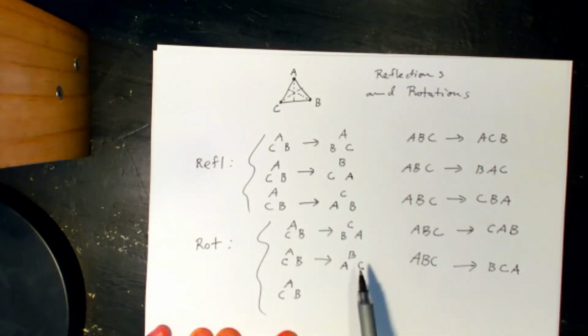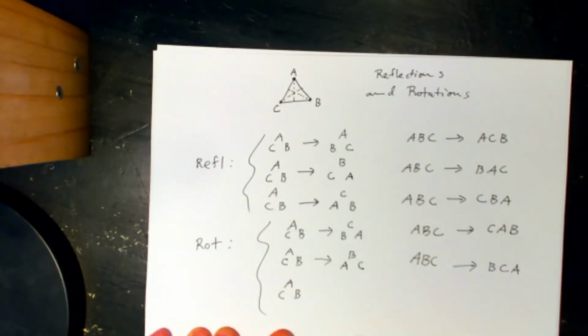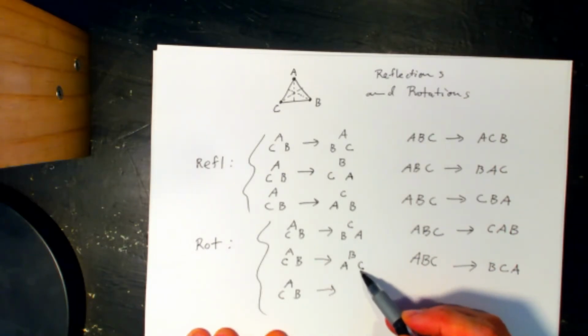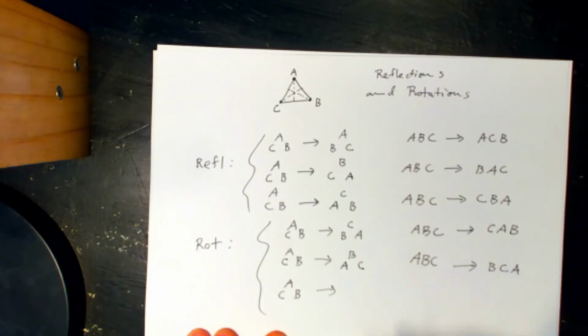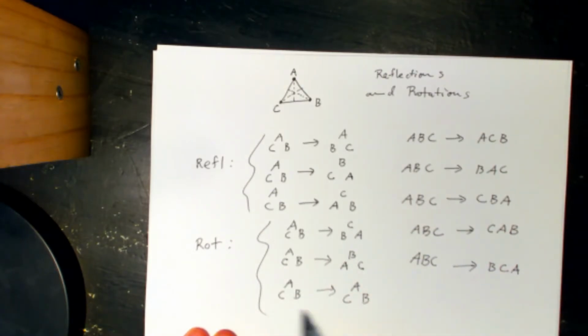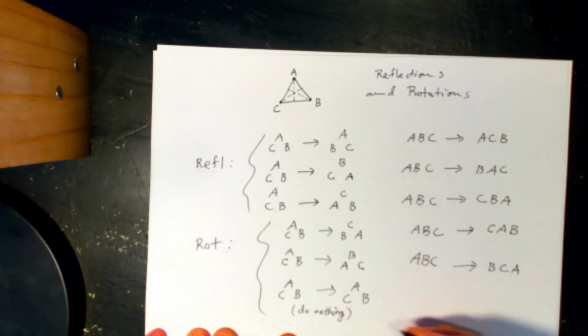Okay, so I think the one that I'm missing here is the full rotation around, which is basically the same as if I take this and I rotate it clockwise 1 unit over. So I would have A, then B, and then C. But this one here is do nothing, right? So that's the same as do nothing.